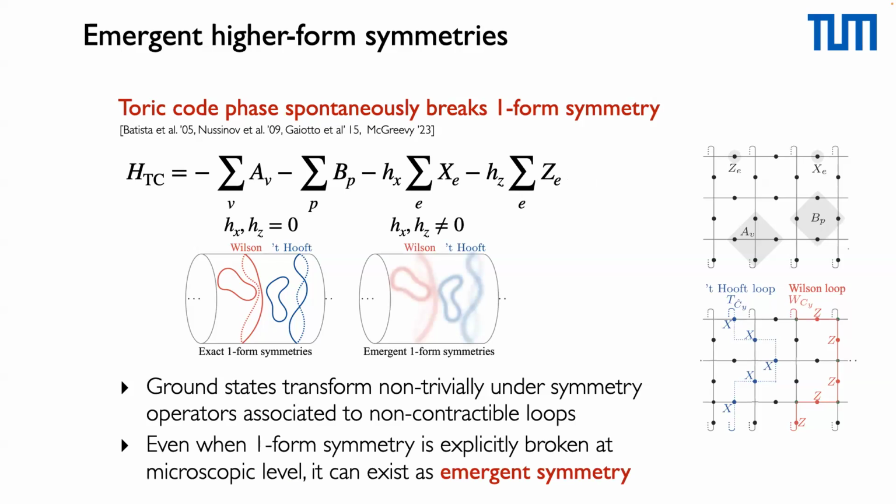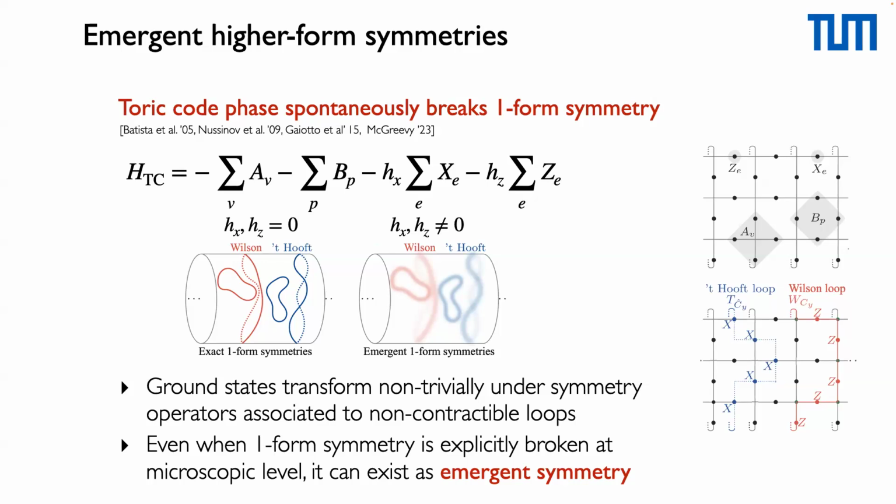And this is also reflected in the picture of these one-form symmetries, because while these terms break the one-form symmetry at a microscopic level, there's still an emergent one-form symmetry. Basically, instead of considering these thin loops, we can broaden them, and we can have some other operator which in this low energy space still acts as a one-form symmetry.